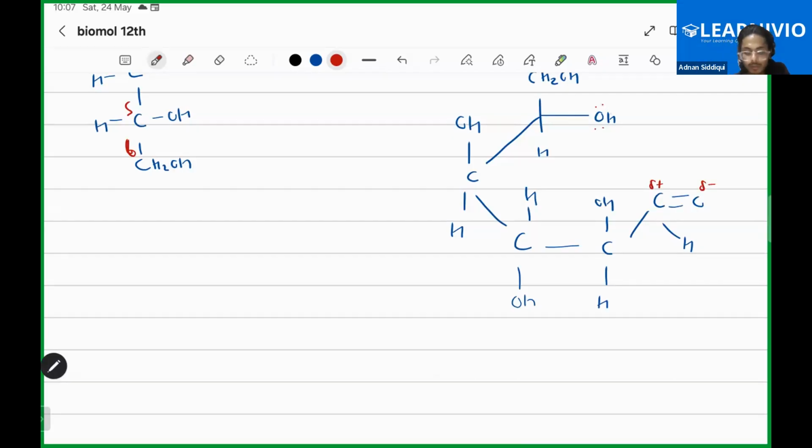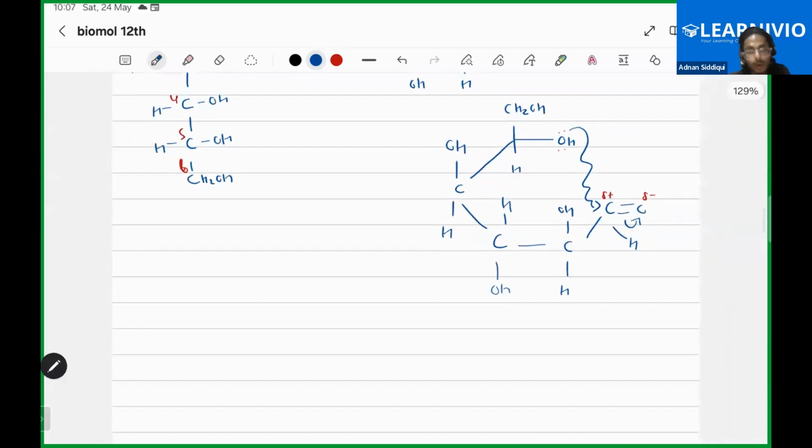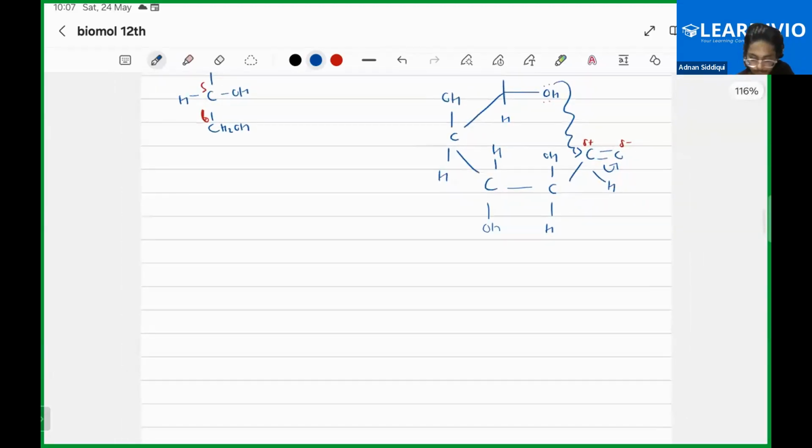So this oxygen having a lone pair will attack here. Here we are using some organic chemistry, a nucleophilic reaction, right? So this will attack here, due to which this bond will go on the oxygen because carbon cannot form more than 4 bonds. It will have to break one.